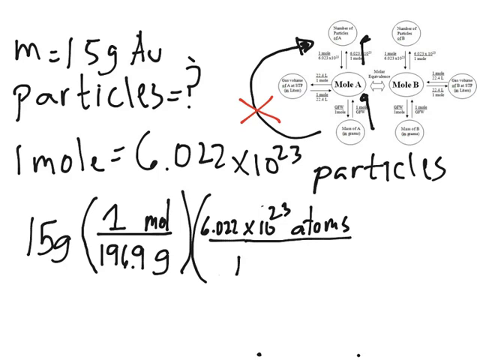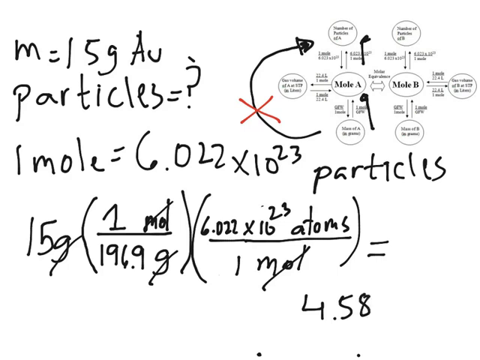The grams will cancel the grams, the moles will cancel the moles, and we will end up just with atoms. If you calculate it, we end up with 4.58 times 10 to the 22 atoms.